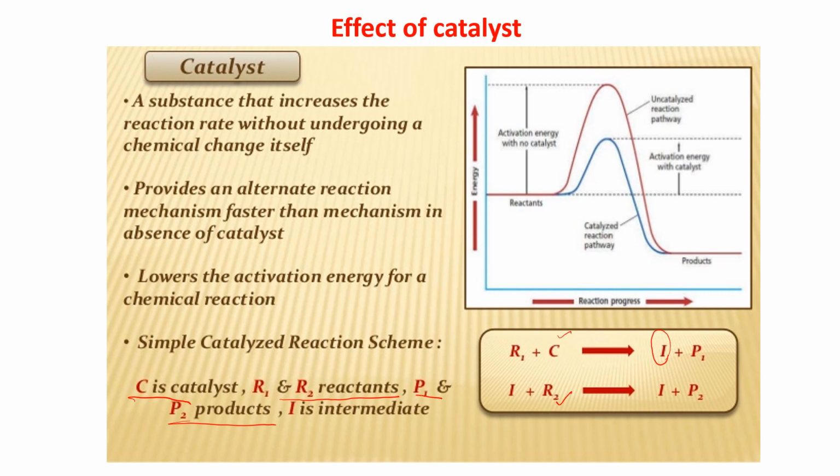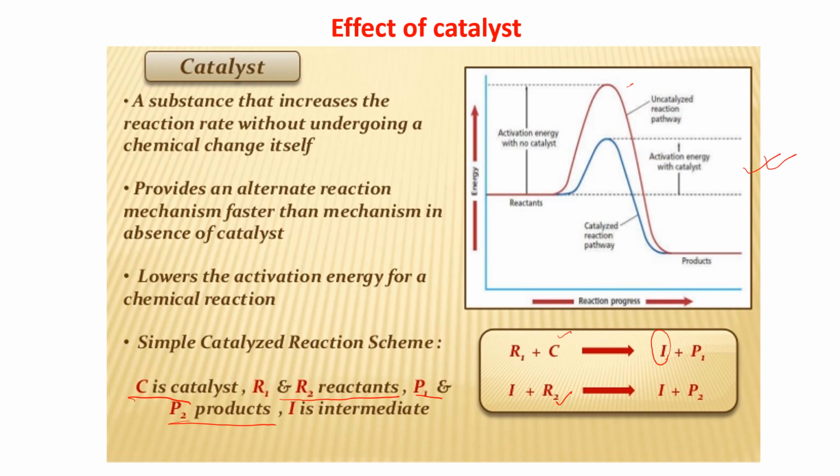Now see the graph here. The red one is the graph for the reaction without catalyst, and this is its activation energy. The blue one shows the pathway for the reaction with catalyst.